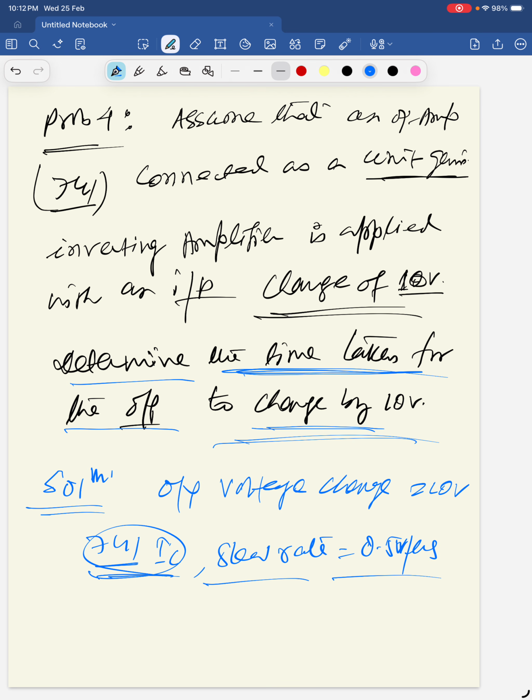Now we know, what is slew rate? Slew rate is equal to output voltage change divided by time.